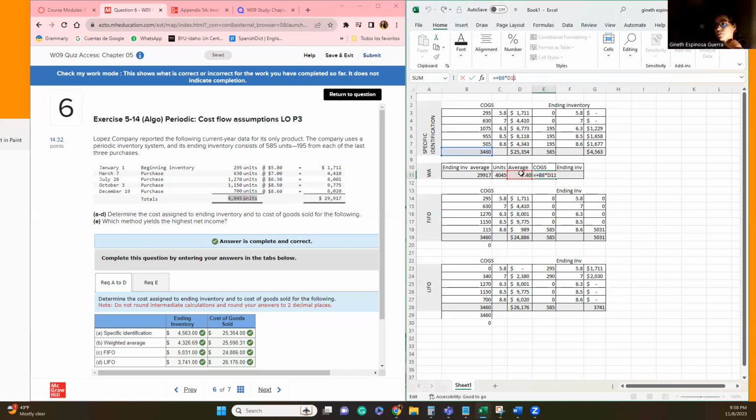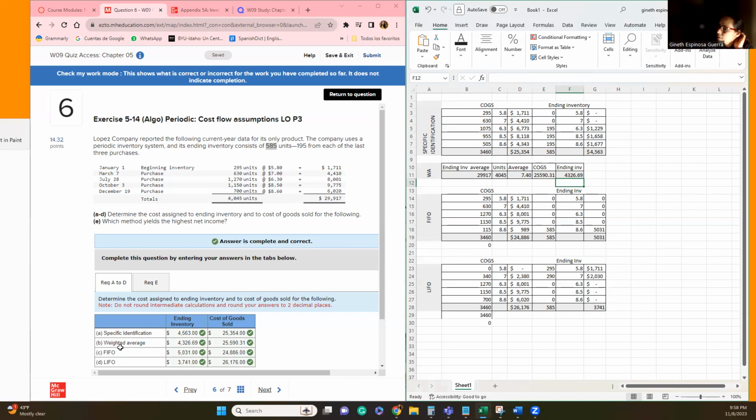We multiply by the average that we found already, and this gives us the cost of goods sold. For the ending inventory, we take our ending inventory, the same as provided in the exercise, which should match, and multiply by the average. That is the number that we are going to add in here.